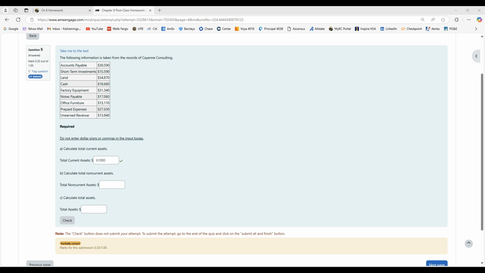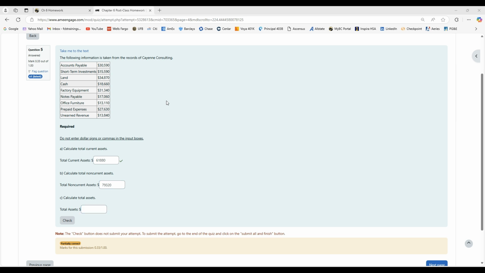Okay, and then non-current assets, we have office furniture, land, and equipment. And if we add all three of those totals up, 13,110, 34,870, 31,340, it comes out to 79,320.